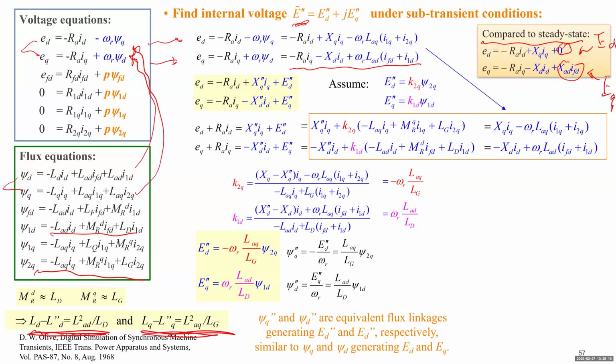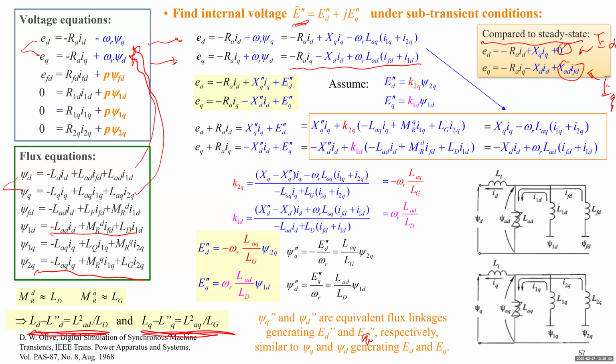Here, Psi Q double prime and Psi D double prime are just equivalent flux linkages which induce ED double prime or EQ double prime. This here should be Q. They are similar to Psi D and Psi Q, which induce EQ and ED.